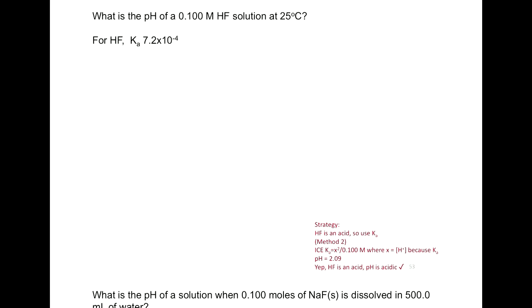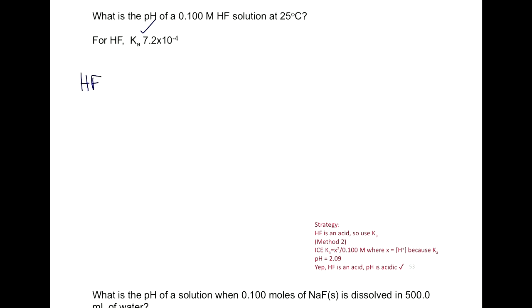So this first question, what is the pH of a 0.1 molarity HF solution at this temperature? So what is HF? It's an acid, yeah. So what K should I use? Ka. Am I given Ka? Yes, perfect. So I just go ahead and use that Ka value. But I'm going to do the full ice table anyway, so we can remind ourselves how this works.